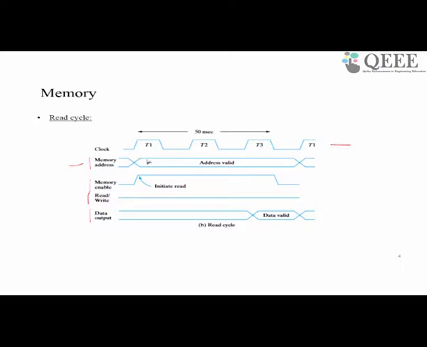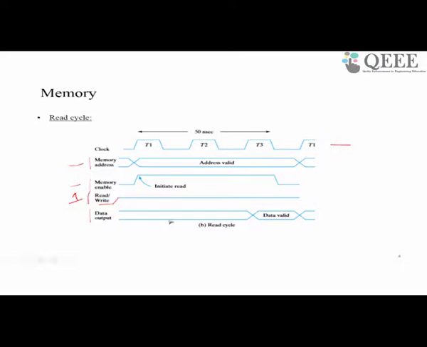So it changes and it is present for the entire duration of the read cycle, which is 3 clock periods. Then the memory is enabled, by making it high. Then the read bar write, in this case, is made 1, because when it is 1, it means a read operation. So actually the figure has to be something like this one.